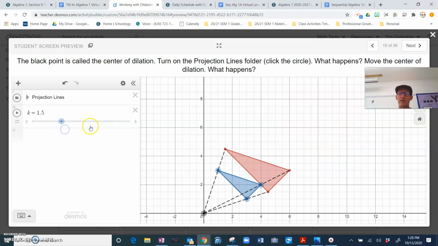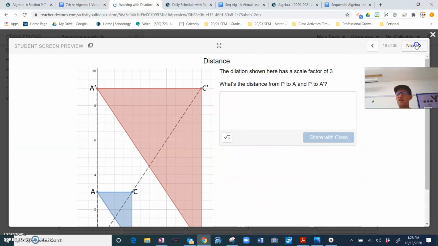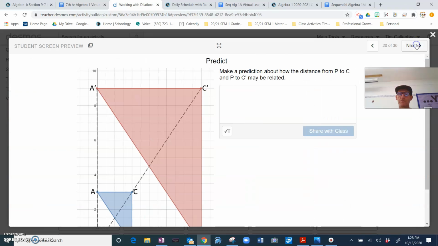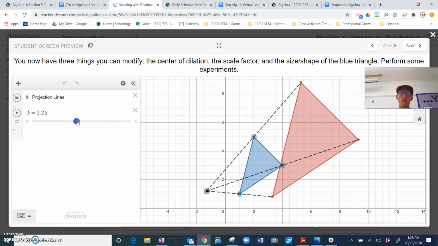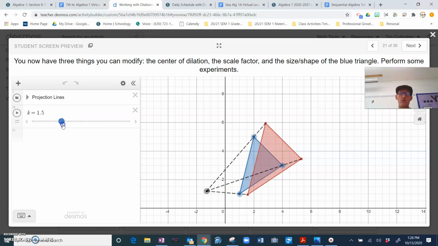Now, things get really complicated when you change the center of dilation. So here the center of dilation is in a different spot. So things get really tricky with the coordinates when you change it, but you can see that the center of dilation really matters.